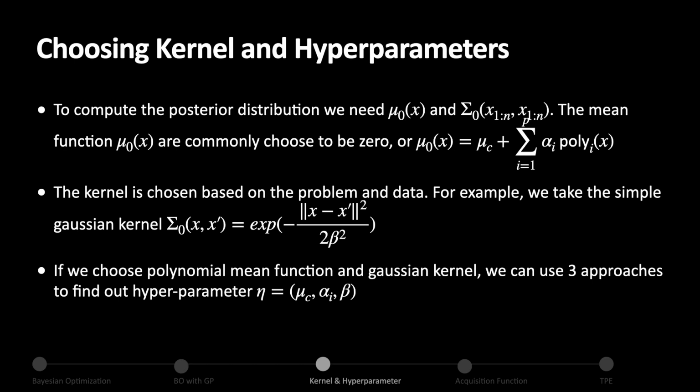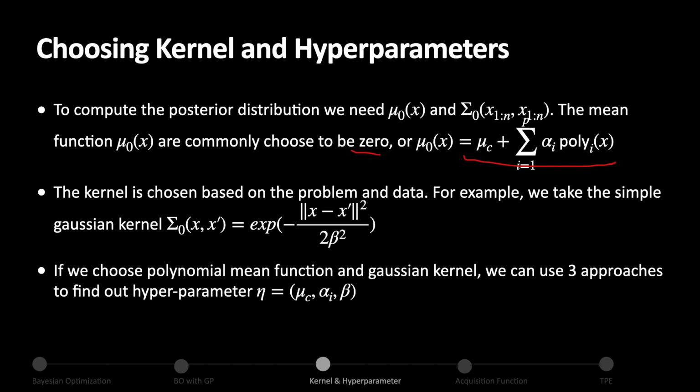To compute the posterior distribution, we need the mean function mu0 of x and the kernel function for the covariance matrix. The mean function mu is commonly chosen to be 0, or sometimes we can choose some low-order polynomial in x. Here mu c is a hyperparameter and alpha i are also hyperparameters. The kernel is chosen based on the problem and the data.